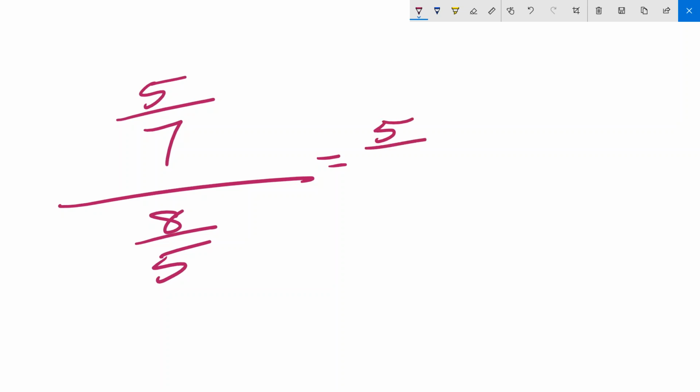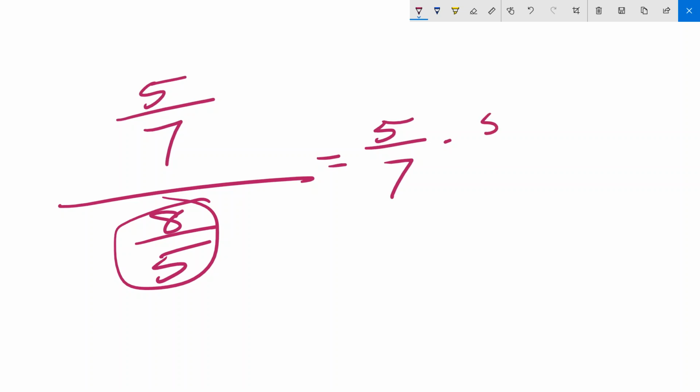5/7 times 8/5. Got to flip the bottom, always. Right now, the problem is 5/7 divided by 8/5. So it can't possibly be 5/7 multiplied by 8/5. It's got to be different. In order to turn division into multiplication, you've got to flip the bottom, not the top, the bottom, always.